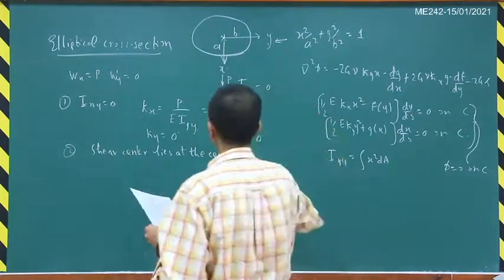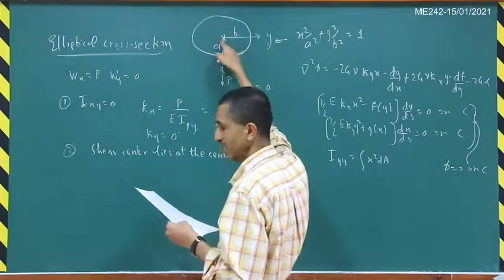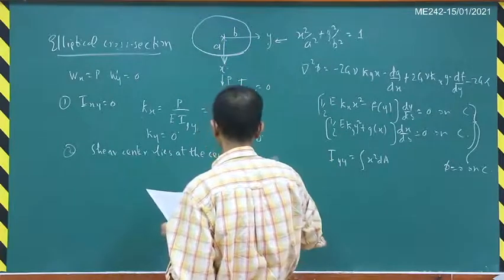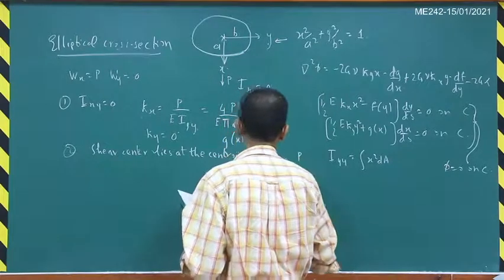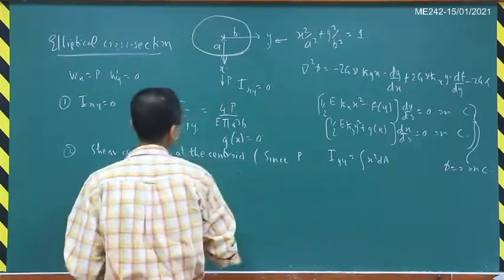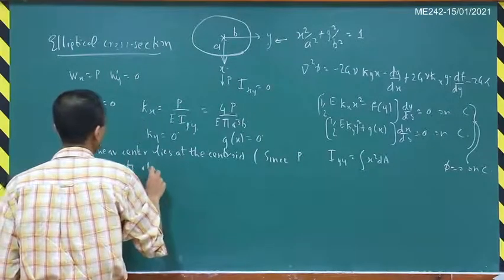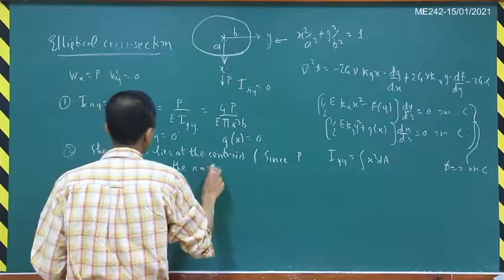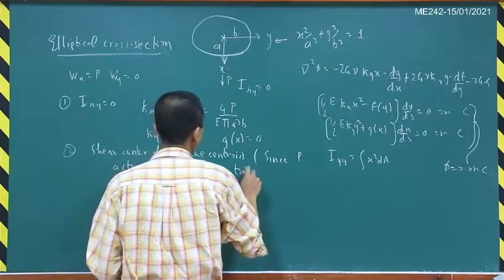And then because the load is passing through the shear center, you will get that the twisting is 0. So in this particular case, since P acts along the x-axis, hence the twisting is equal to 0.